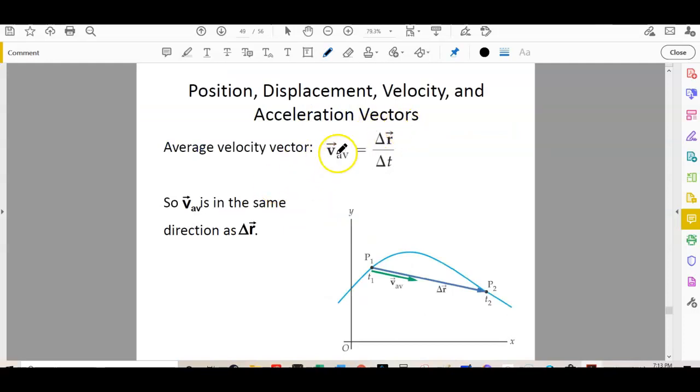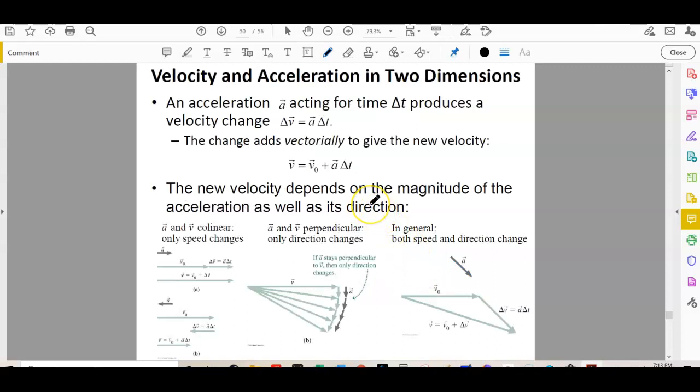Again, the average velocity vector, which is final velocity plus initial velocity divided by 2, is what they mean by average velocity vector here. That is equal to delta r, displacement over time. So there are a lot of tools at our disposal when we're doing these types of problems, right?